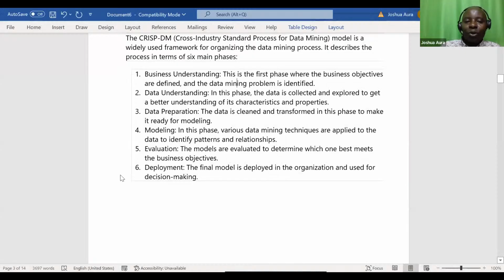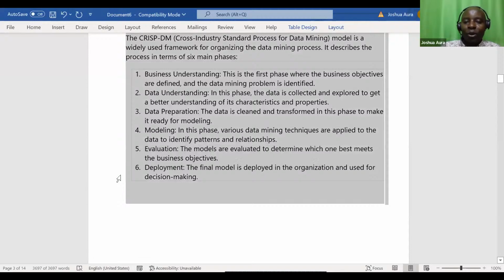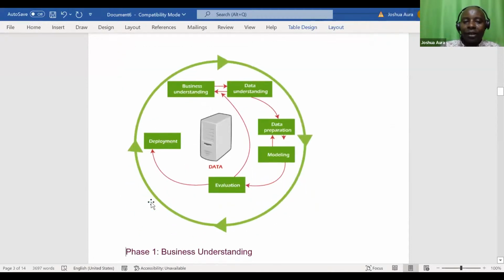Now, ladies and gentlemen, I would want to come back to my paper now. So now I would want us to go through each of these components of the CRISP model one at a time. So we have here business understanding, data understanding, data preparation, modeling, evaluation, and deployment.